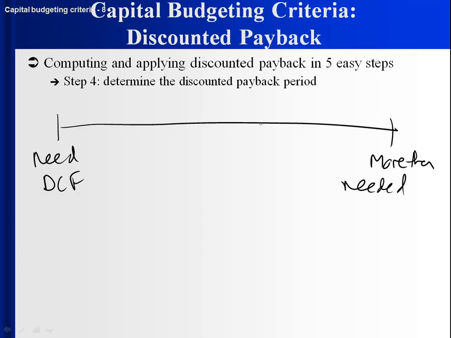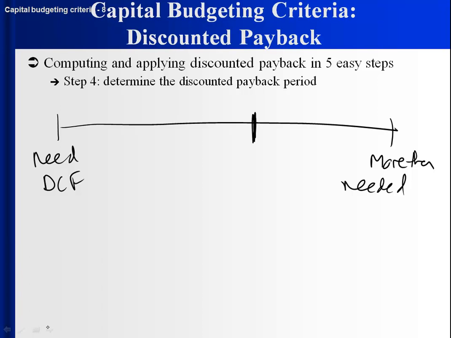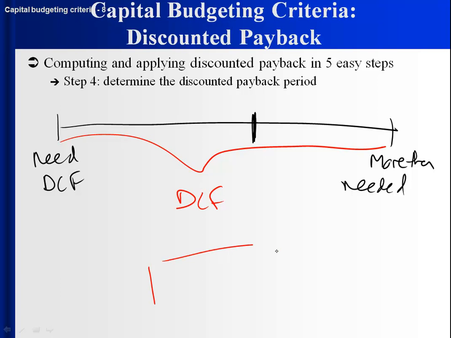So you know that somewhere here, you got just enough to achieve discounted payback. And how much was it? Well, again, remember, what are we going to put into our machine? We'll put into our machine all of the discounted cash flow that we expect during that year.